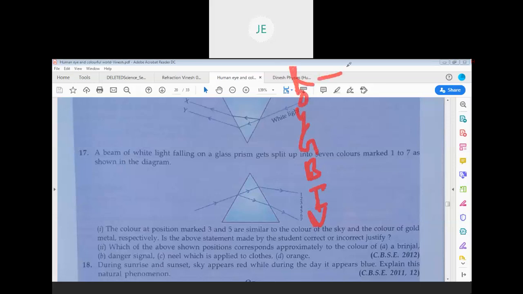Sir, in part 2, A is 7, B is 1, C is 7. Oh, sorry, A is 1, B is 7. C is 6 and D is 2. D is 2.